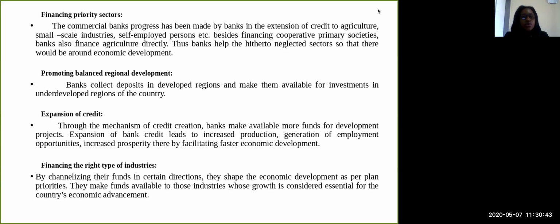So how do banks do this? By channelizing their funds in certain directions, banks help shape the economic development as per planned priorities. They make funds available to those industries whose growth is considered essential for the country's economic advancement.